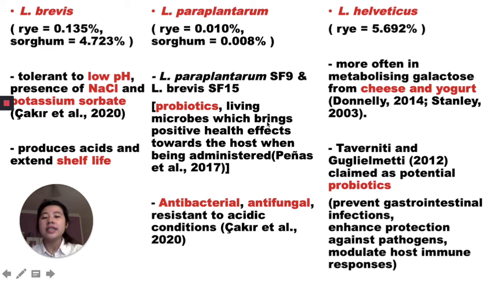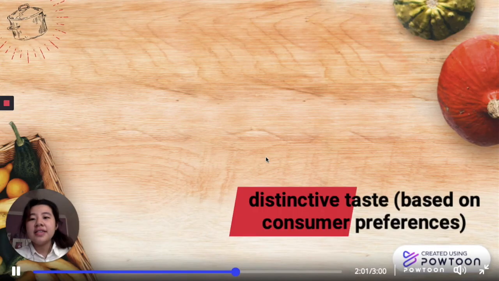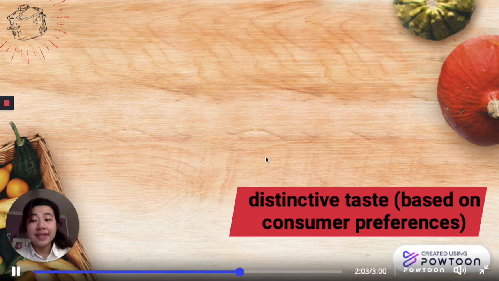They have this kind of probiotics which is good for the health of our guts. Besides that, Lactobacillus paraplantarum is antibacterial and antifungal also. As for the last one, Lactobacillus helveticus, it is a potential probiotic too, because it has a lot of health benefits like this.